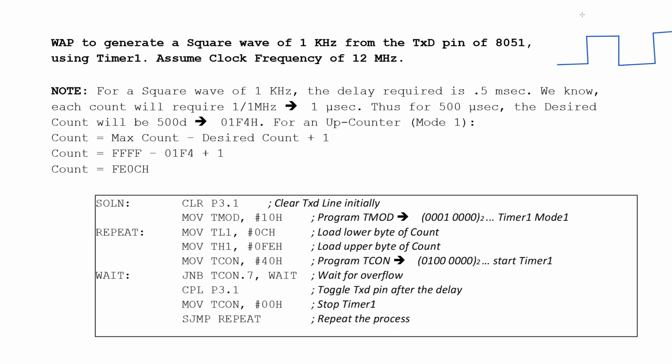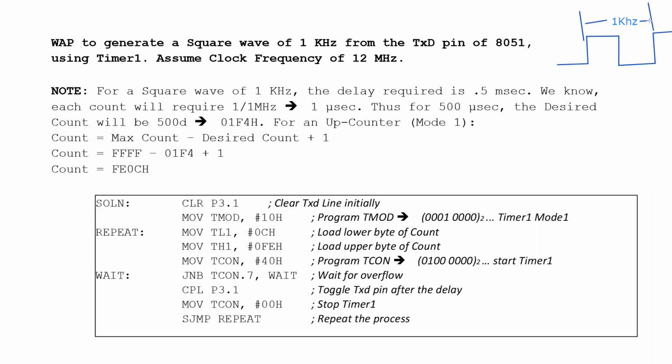Here it is said that you have to generate a square wave of 1 kilohertz. So a 1 kilohertz square wave should be generated.